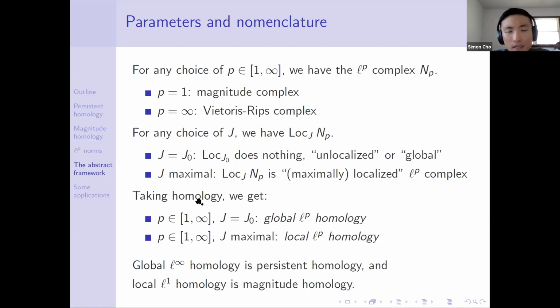Once you take the homology afterwards, for any P and for the minimal J, call it global LP homology. You call it local LP homology for maximal J. So persistent homology is global L infinity homology, and magnitude homology is local L1 homology.